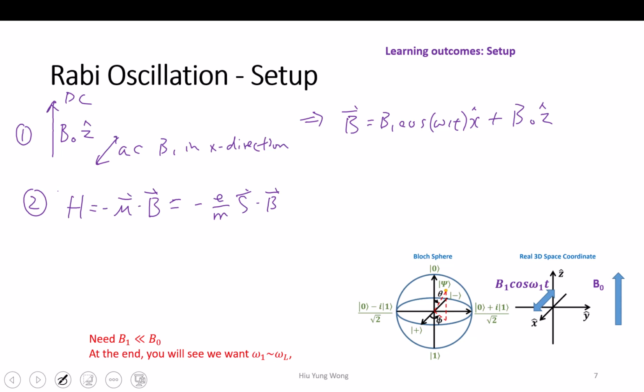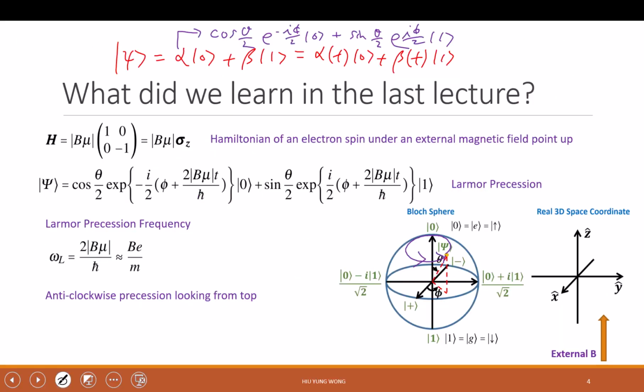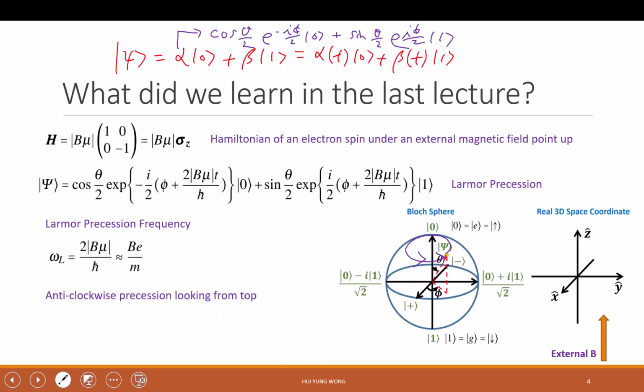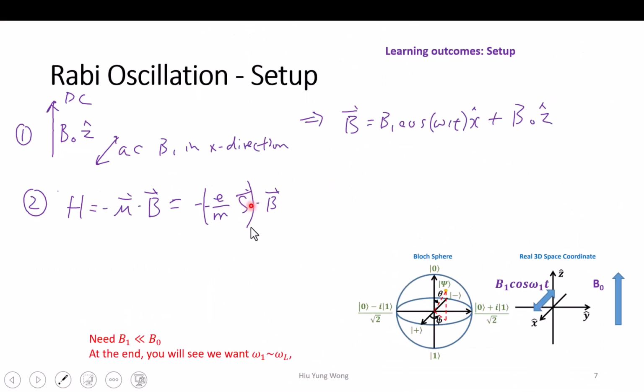And because the spin and the angular momentum are supposed to be negative of each other, I'm going to put the negative here, right? I also got confused a little bit with my cheat sheet, but I just want to show you this. What is the magnetic moment? Mu equals the gyromagnetic ratio times the spin. And this gyromagnetic ratio is negative e over m because I just assume g equal to 2, right? That's why I have this one.